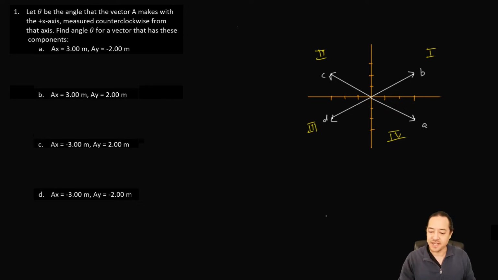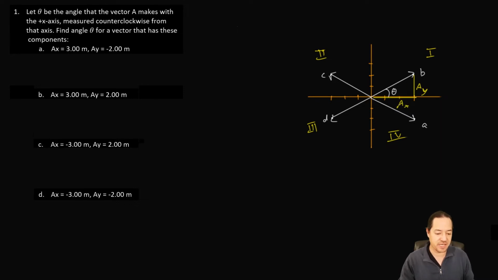Okay, now, how do we find this angle theta? Well, if we define this as the angle theta to our part B vector here, A sub y is going to be this component right here, while A sub x is going to be this component right here.